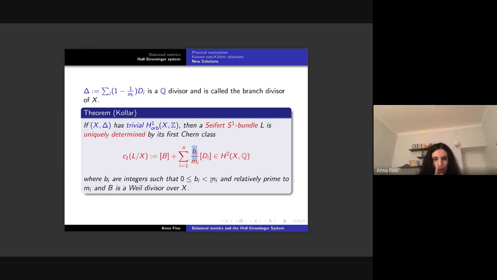What we did essentially to construct simply connected examples is to construct two different Q-divisors such that both give the fibration that we want, and simply connected, roughly speaking.